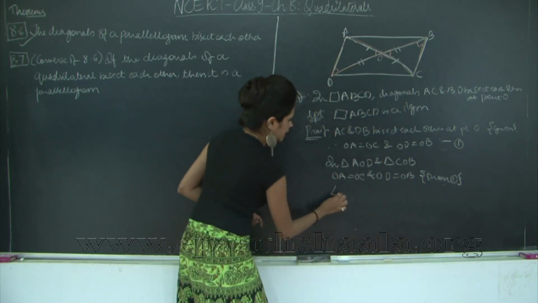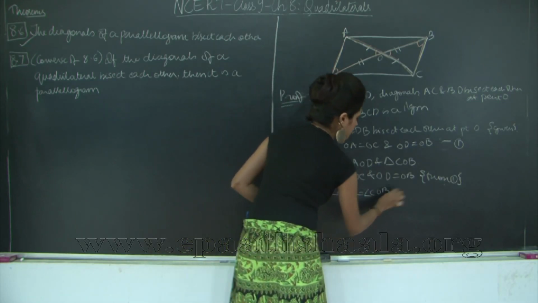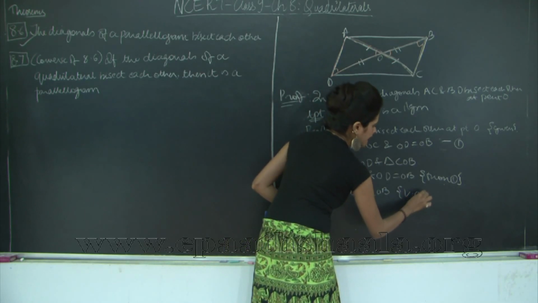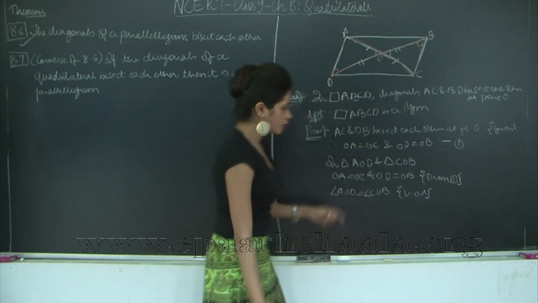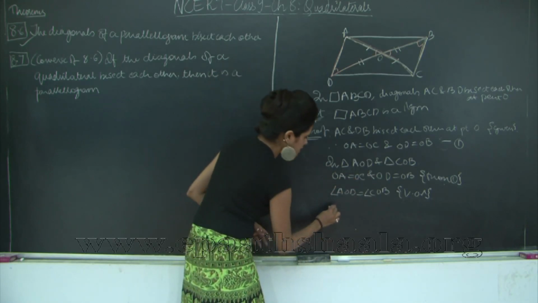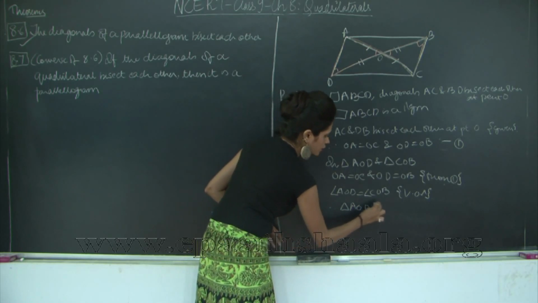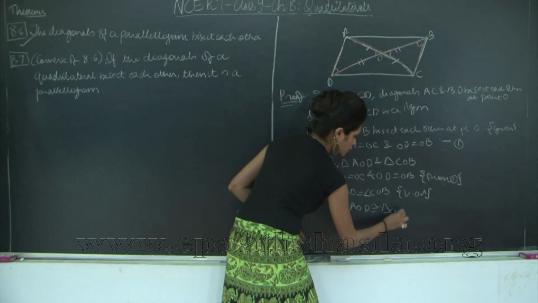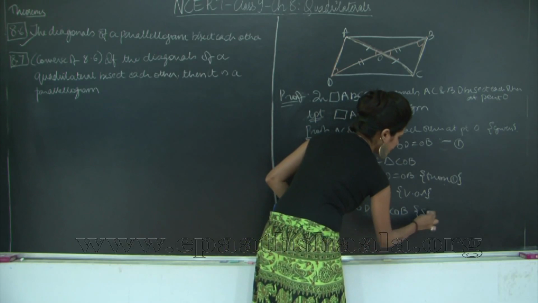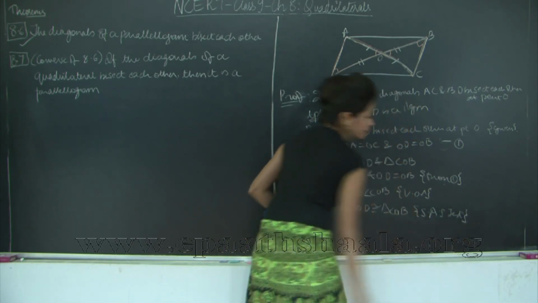And angle AOD is equal to angle COB. Why? They are vertically opposite angles. Therefore, triangle AOD is congruent to triangle COB by SAS test or side angle side test of congruence.